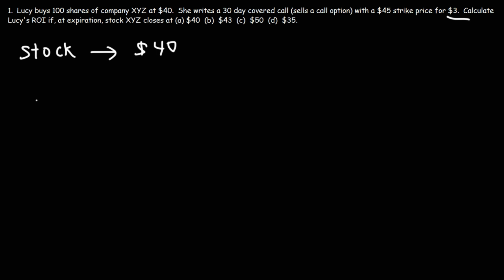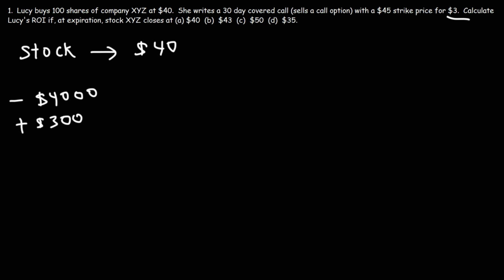So Lucy bought the stock at $40 times 100 shares, so she paid $4,000 for those shares, and then she sold the call option for $3. Now keep in mind, one option contract controls 100 shares. So she receives $3 times 100 shares, so she receives a premium of $300.